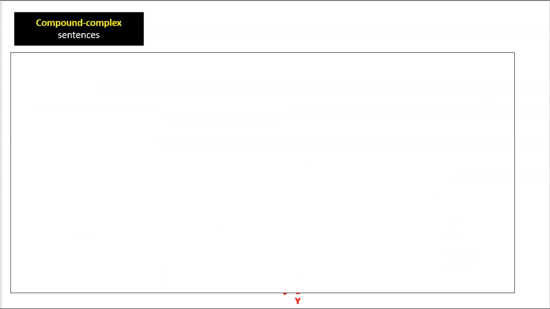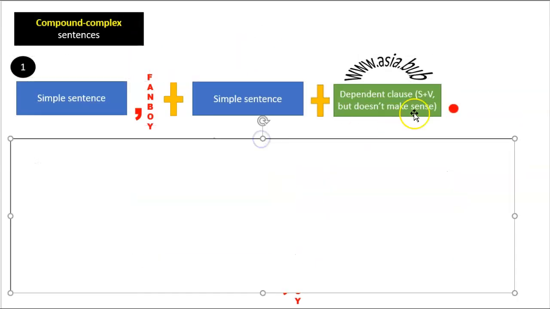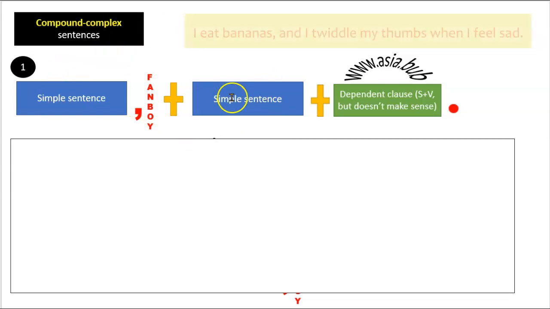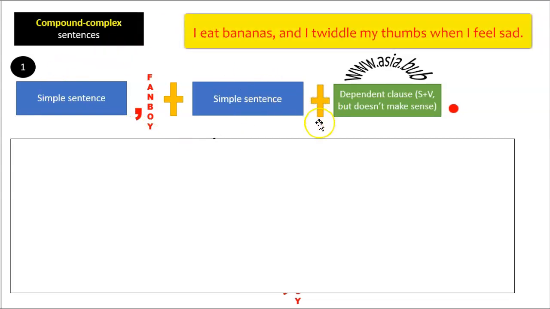Now the next thing we're going to do is you have to write a compound-complex sentence. So how can we do that? First way is to write a simple sentence, connect it with a fanboy and a comma, and another simple sentence. So then you've got your compound. But then you also have to add a complex.